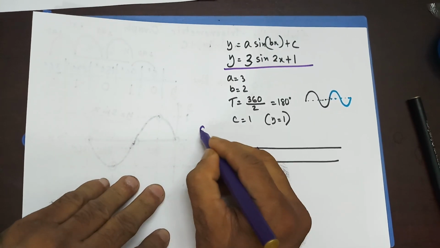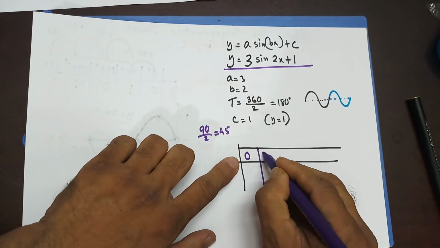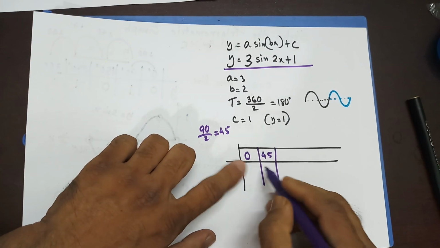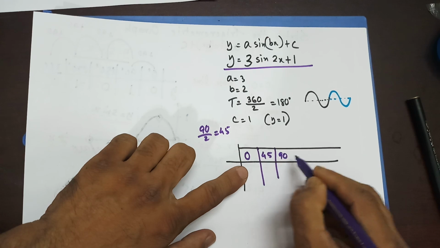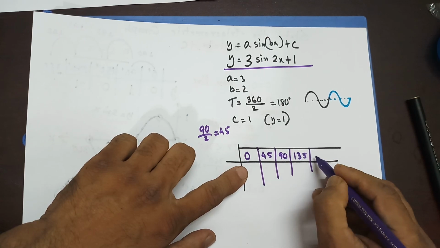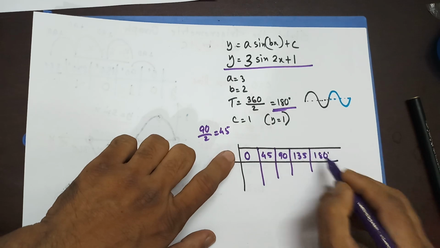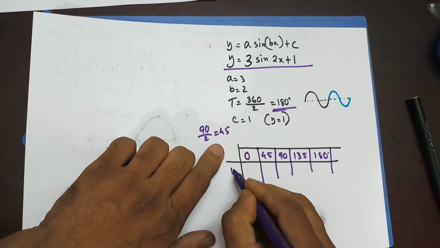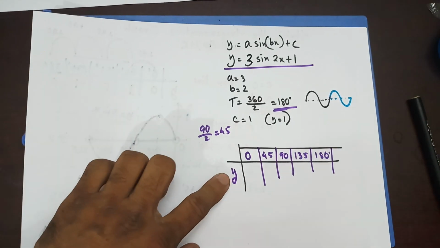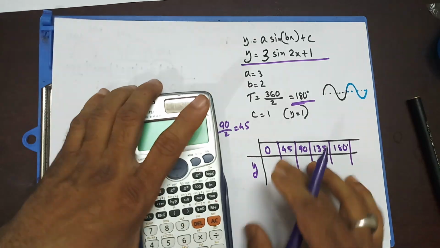Then remember 90 divided by 2 equals 45, so I'm going to add 45 each time. That's 45, and 45 plus 45 is 90, 90 plus 45 is 135, 135 plus 45 is 180. When it's 180, the period, I'm going to stop right here. Now I'm going to get the values of y.